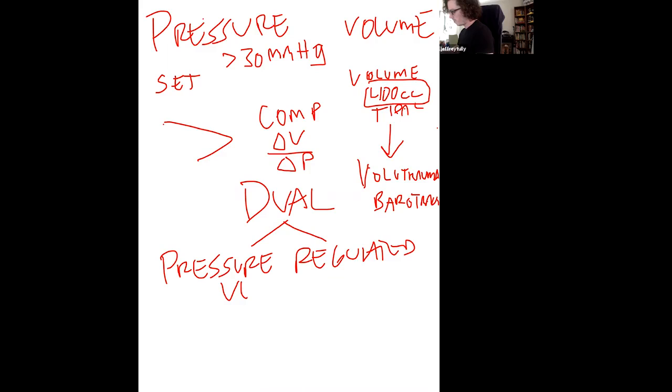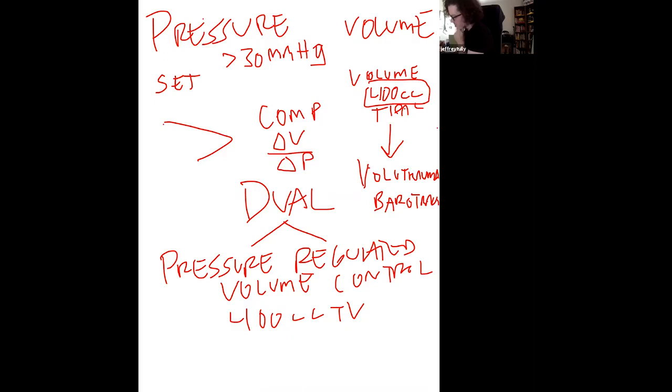volume control. And so we say, hey, ventilator, it would be nice and ideal if you could deliver a 400 cc tidal volume breath, but I would like you to do your utmost to avoid doing so with pressures more than 30 or 35 or 40 or whatever it is.